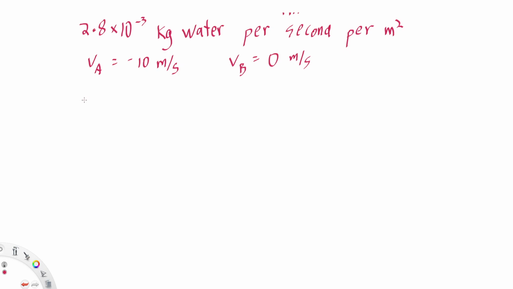So we can write that the impulse exerted on a raindrop is going to be equal to the change in momentum between those two times.